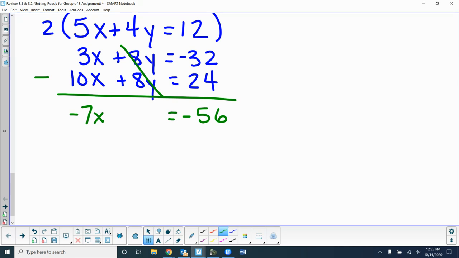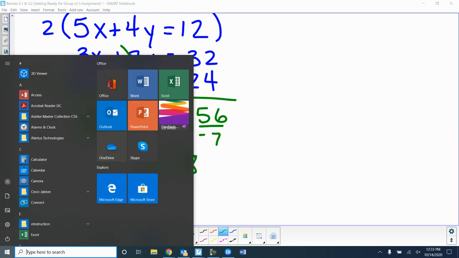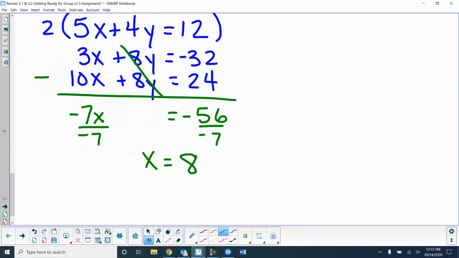Add. So pay attention when you have the minus and negative. When I divide negative 7 into negative 56, I get x is positive 8, which we knew was supposed to be the answer, because we've already done this problem twice.